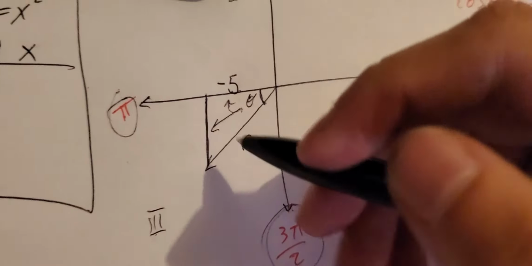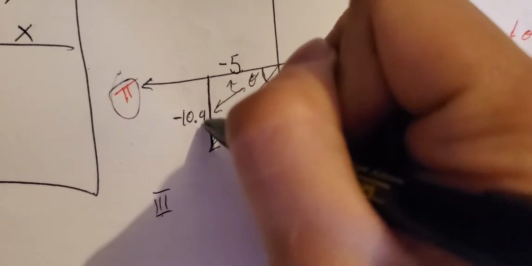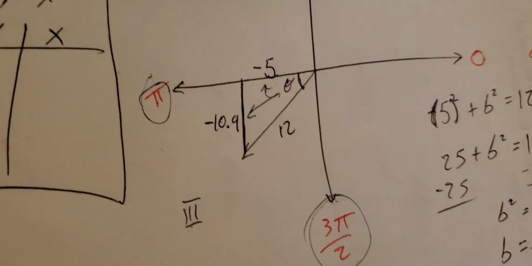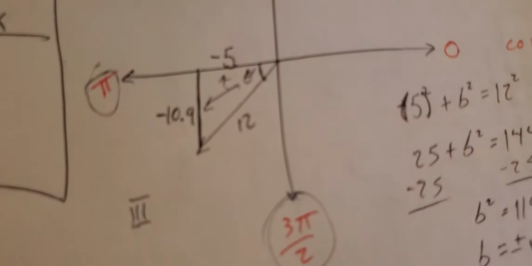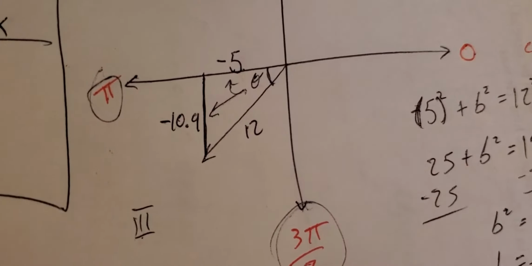Going down it's minus, so it has to be minus 10.9. There you go. This was the most difficult part, just finding that side.